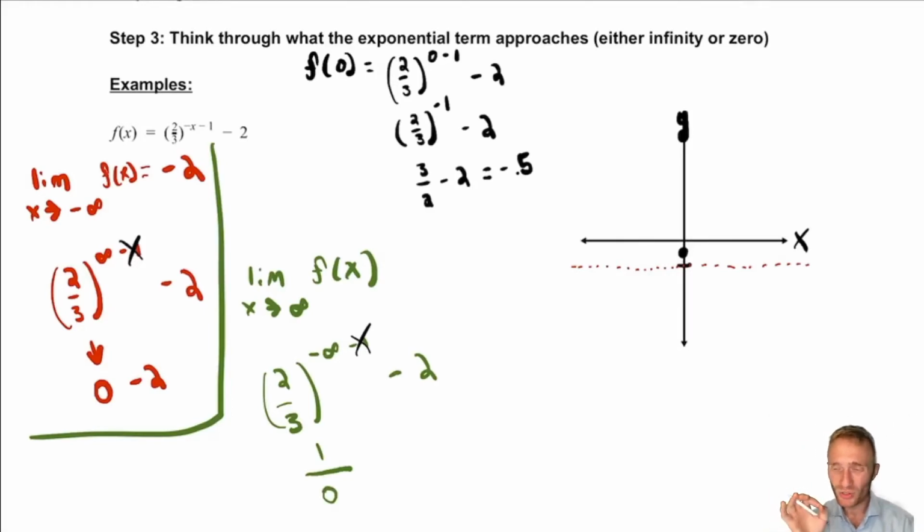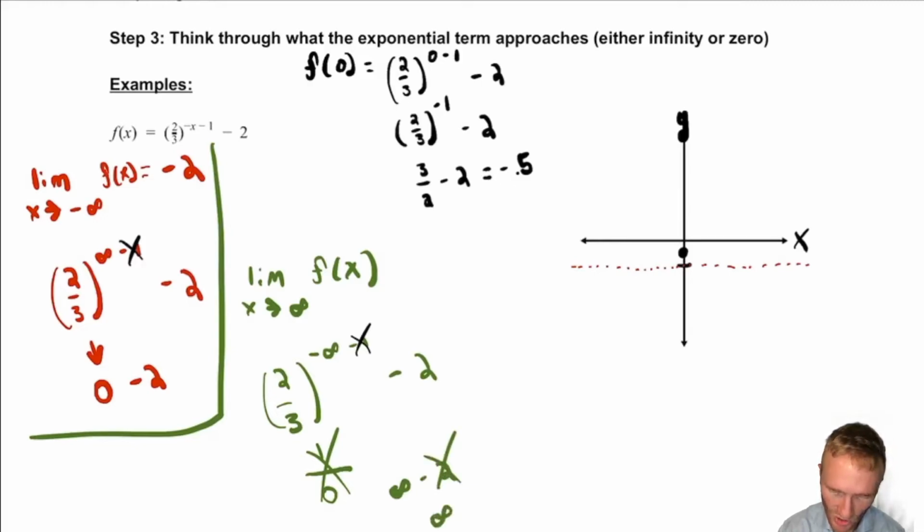You're getting closer and closer to 0, but you're not getting there, so you're actually heading towards infinity. It's not really that, but that's a way to think about it. You're going 1 divided by a smaller and smaller fraction. This is positive infinity, minus 2. Who cares about minus 2 from infinity? It's just infinity. So our limit as x approaches infinity is positive infinity.